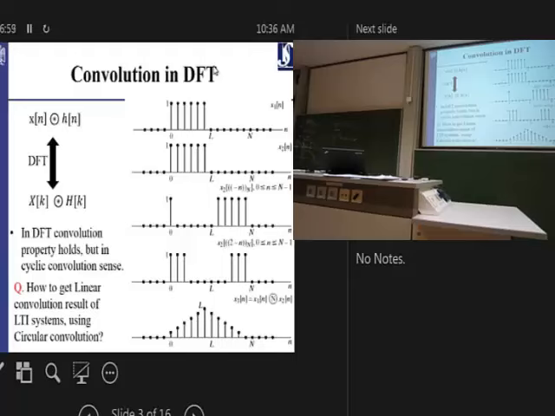In this case, you should assume that the signal is periodic.